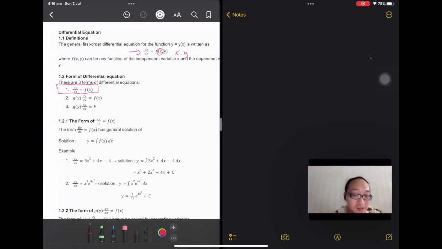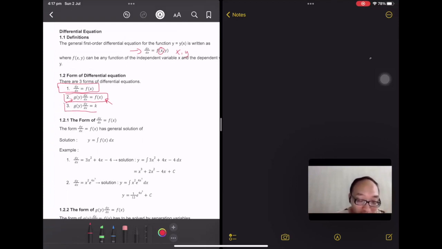And the second one is dy/dx equals f(x) times g(y). In this form, we can see that there are two functions, one in terms of y and one in terms of x. And the last form is g(y) dy/dx equals a constant. Let's see them one by one.